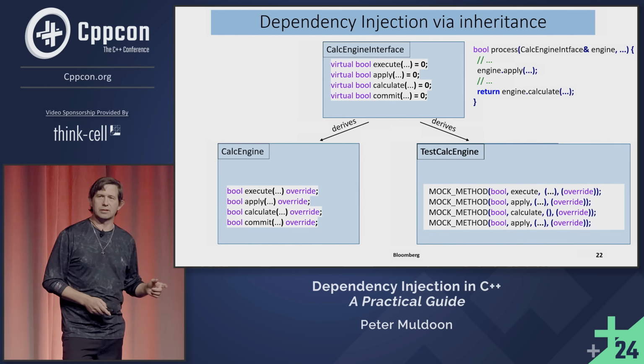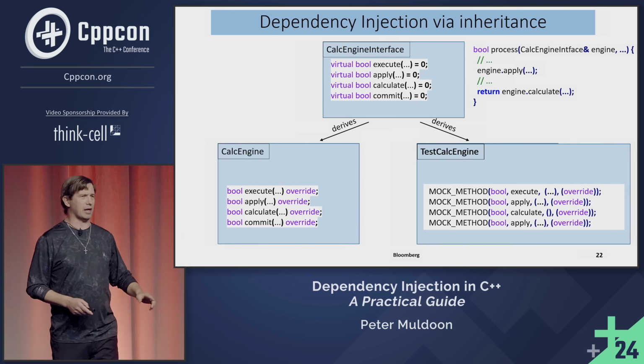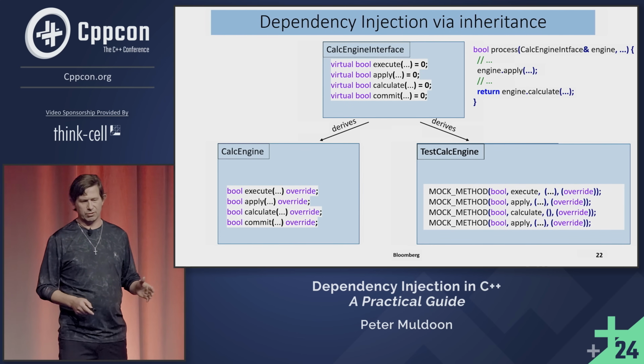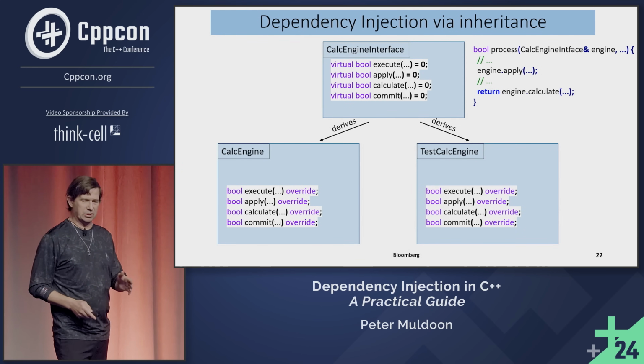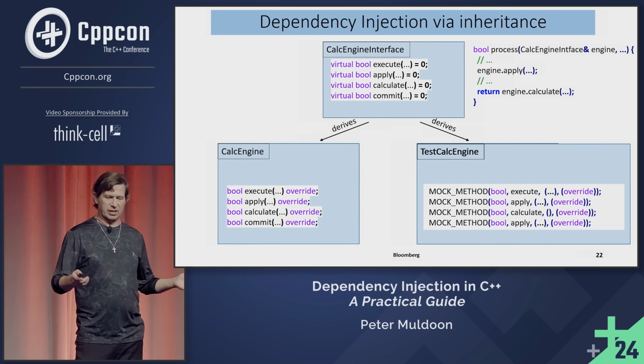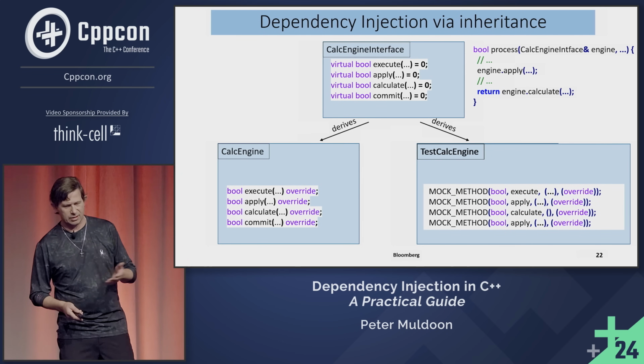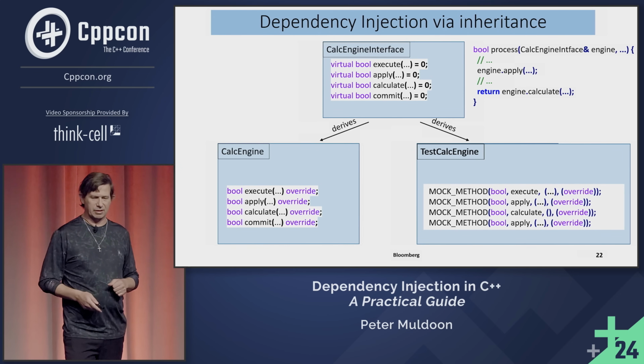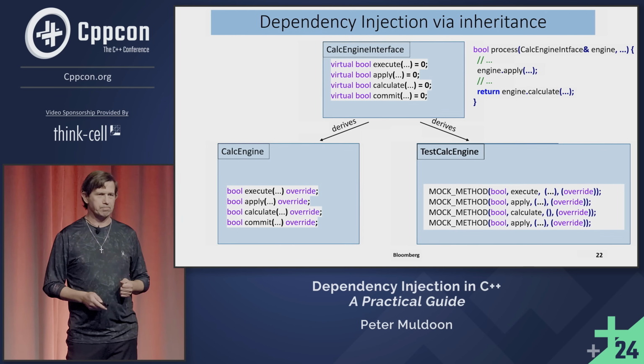And I use gmock. I've used some Catch, but I generally use gmock where I am at Bloomberg. As you see there, we just take the test calc and make it into a mock class with mock methods. All I'm saying is, I have a method called execute, returns a bool, takes some stuff, three dots, and is an override function.